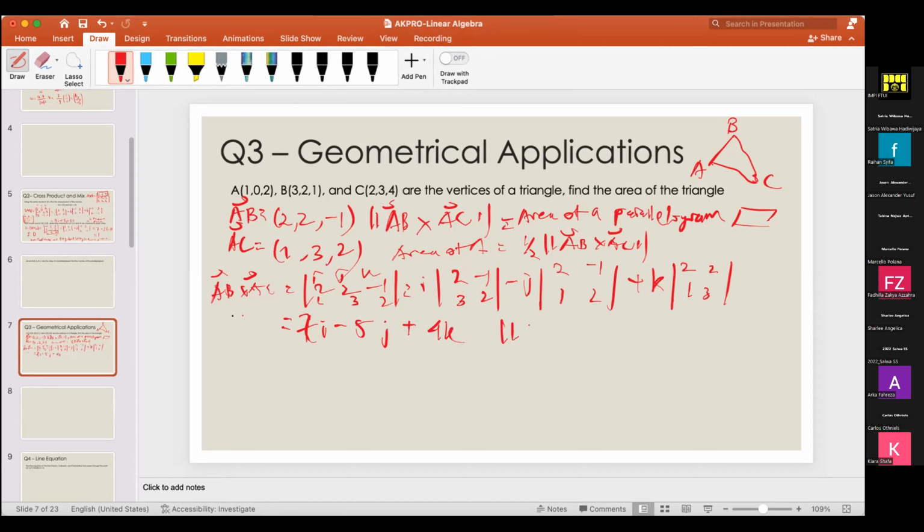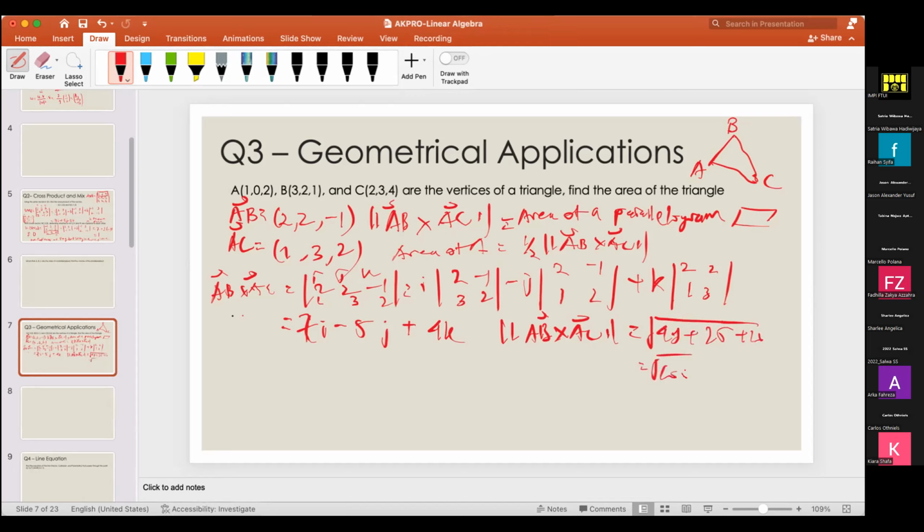And so the norm of AB cross AC equals root of 7 squared, 49, plus 25 plus 16. 25 plus 16 is 41, so that's 100.